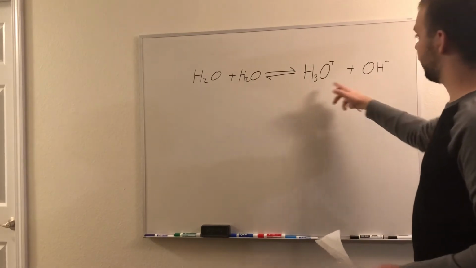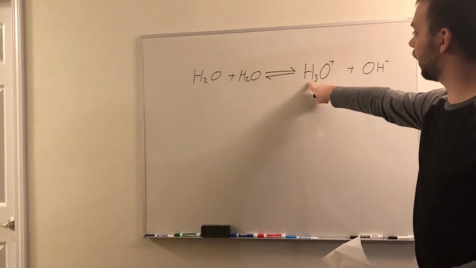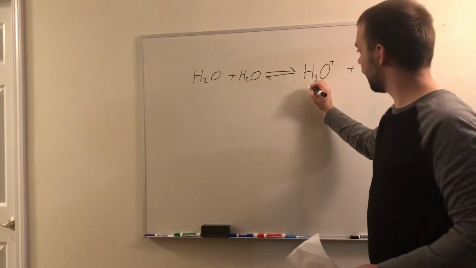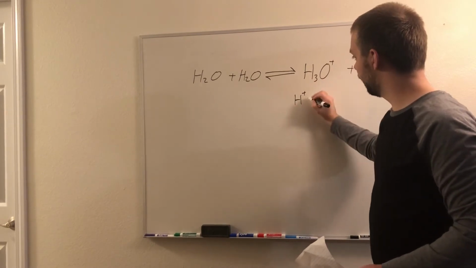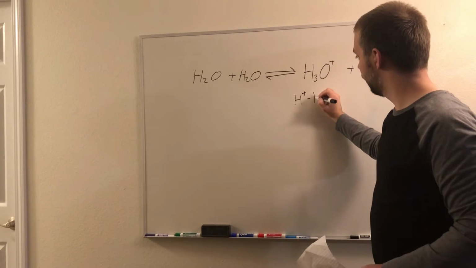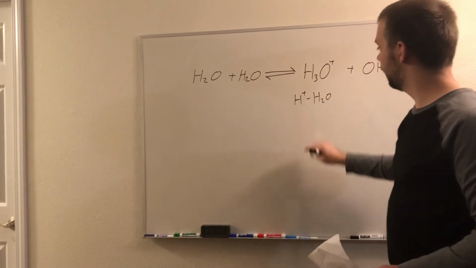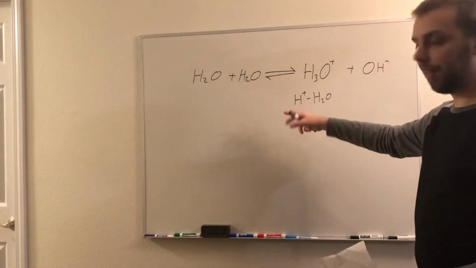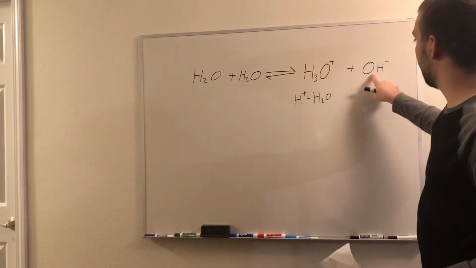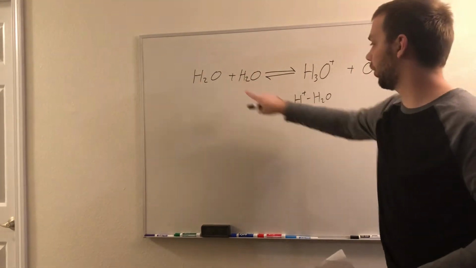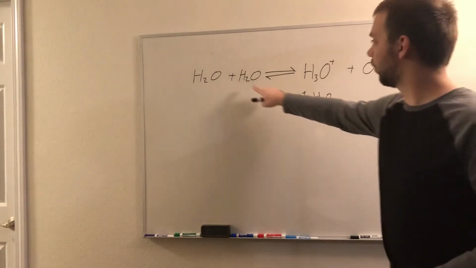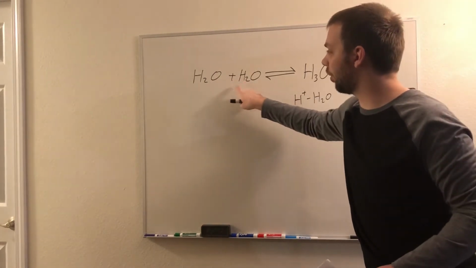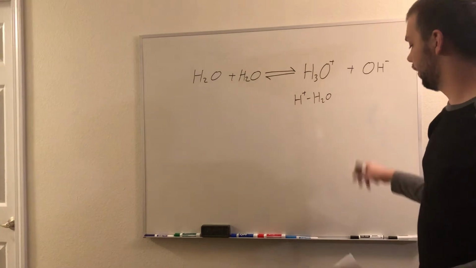So this should look very similar because this hydronium, you can kind of think of as a hydrogen ion that's bound to a water molecule. So we just saw that a hydrogen and a hydroxide comes from one water, and over here all that we've done is added another water. So we see that there's another water here. So this is also balanced.